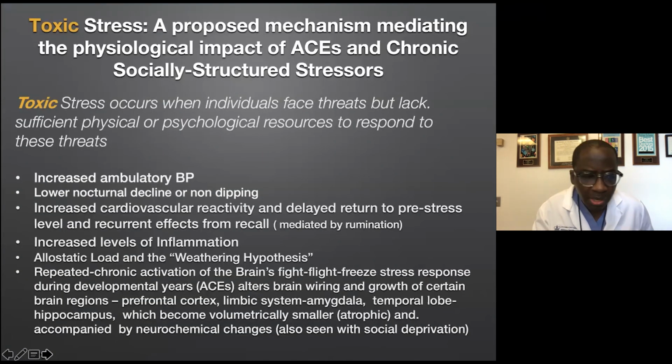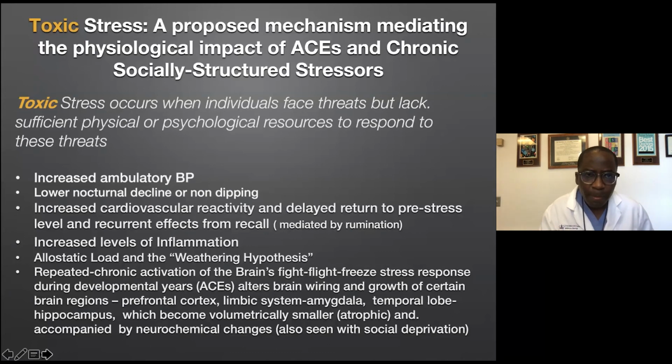Our bodies are really well designed to handle acute stresses. We are even well designed to handle frequent acute stresses. This is why we have the fight or flight response.